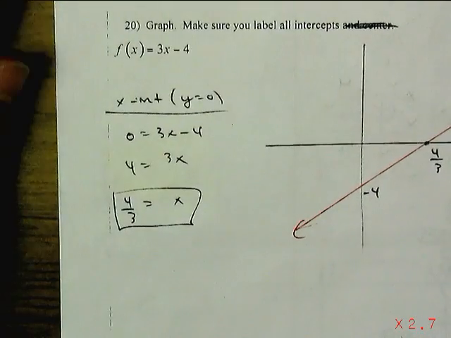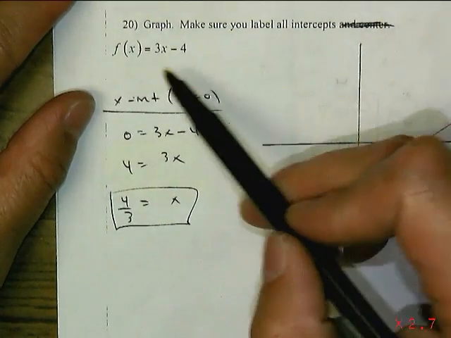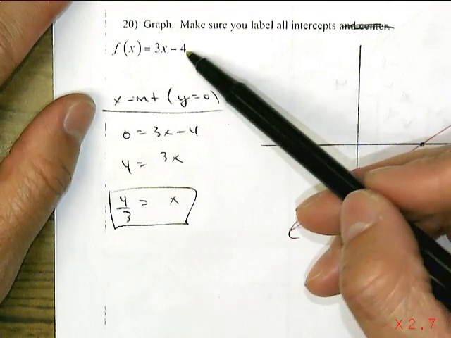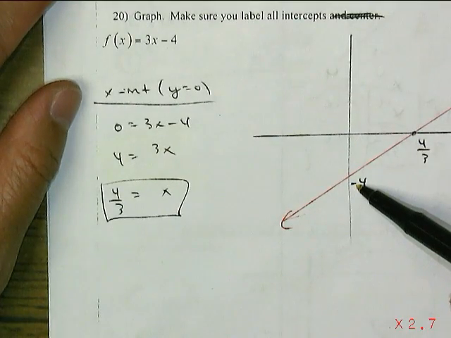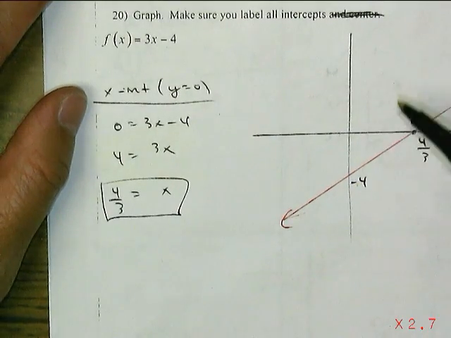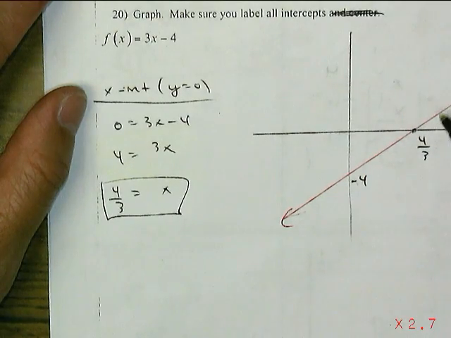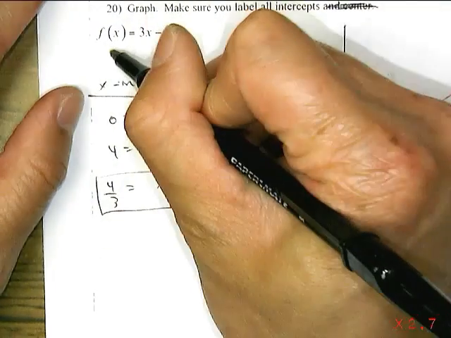Question number 20. This is a review question. Hopefully you recognize that the function is linear, just has a power of 1, graphing it. Since it's in slope-intercept form, your y-intercept is negative 4. The reason why you can't just have a slope of rise 3 up 1 and then try to find where it crosses the x-axis is you just make y equal to 0. f of x, fancy way of saying y.